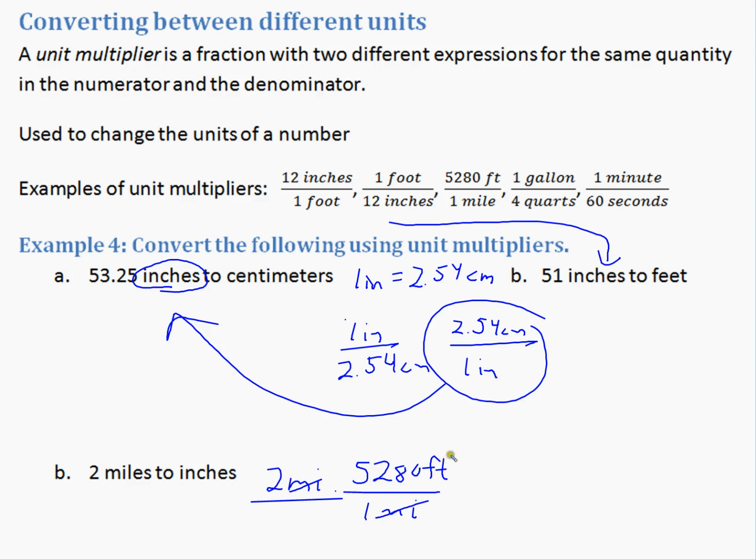Well, I still don't want feet, so I want to cancel the feet, and I want to get to inches. So I'm going to come over here and realize, well, I'll use 12 inches, because that will give me the inches that I want over 1 foot. The feet will reduce or simplify or cancel, and you'll multiply across and you'll get your answer in inches, because the only thing that's left here is inches. So it's going to be 2 times 5,280 times 12 inches.